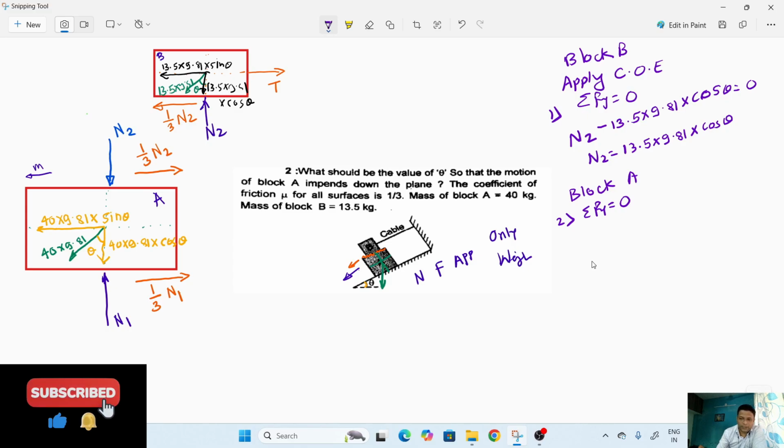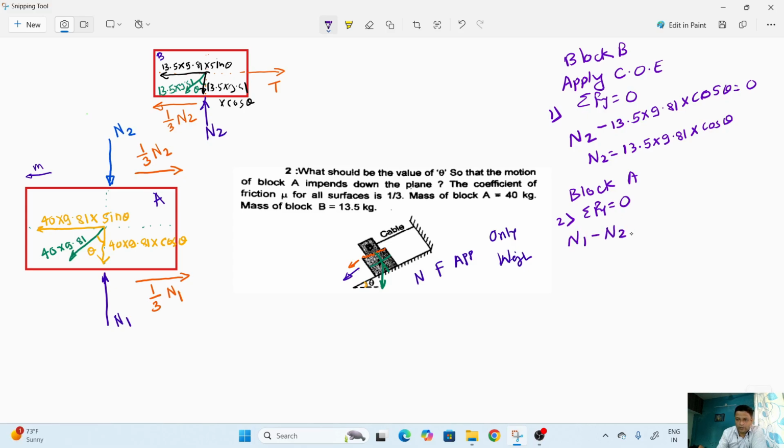So here the components are N3, N1. Next one is minus N2, then minus 40 into 9.81 into cos theta, so it is equal to 0. Here N1 value is unknown, but N2 value is known.